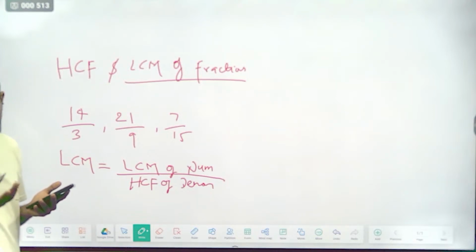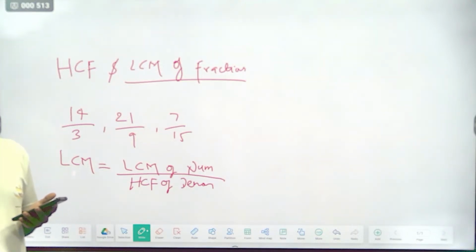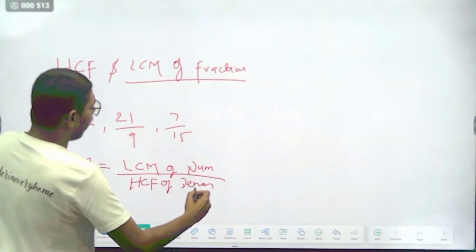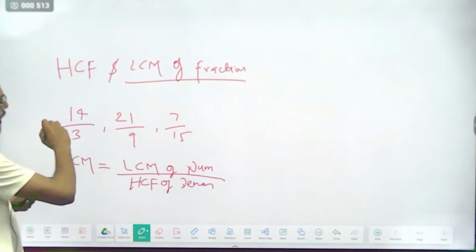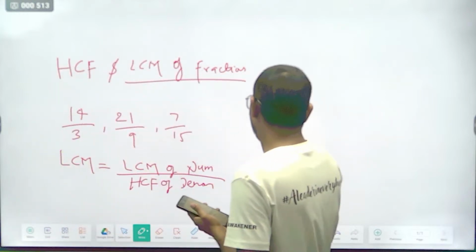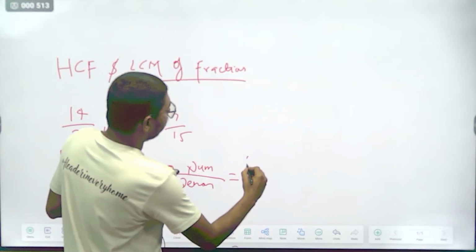The one that is at the top, you will give it more priority, right? So that will be in line with what exactly you are finding, isn't it? So that's how you will keep that in mind. You will find the LCM of the numerator. So if you find the LCM over here, what values? 14, 21, right?